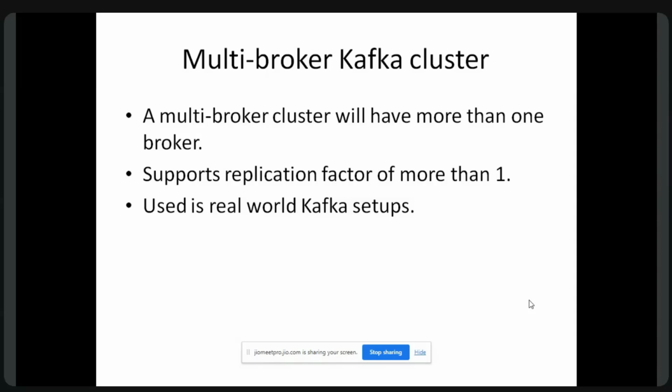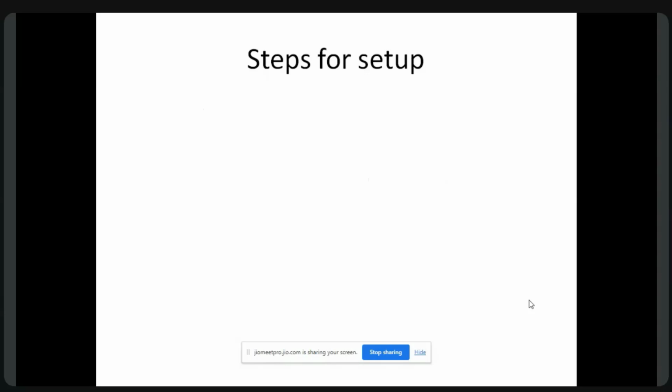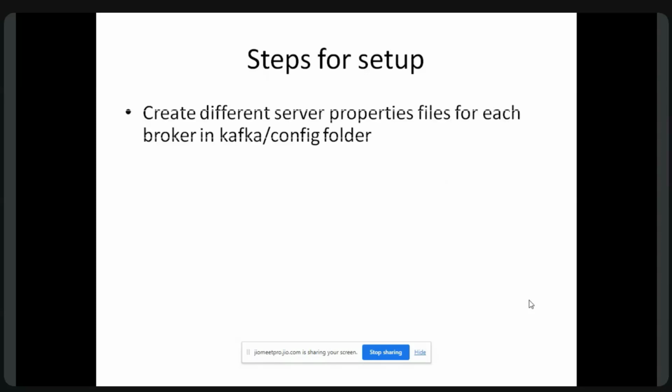And as I said, multi-broker cluster is actually used in real world scenarios. Whatever we have set up is just for testing purposes. One broker, one zookeeper, that is for testing only. But ideally, we should have multiple brokers. So let's go ahead and set up our multi-broker cluster today.